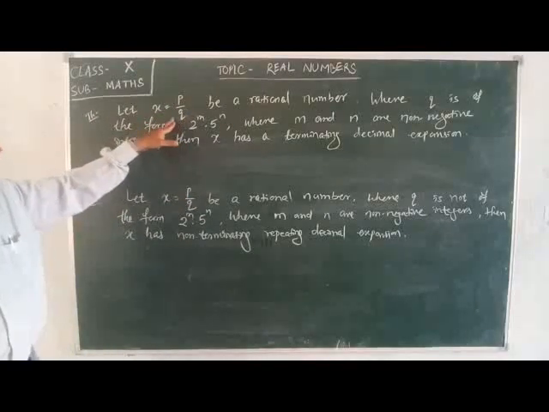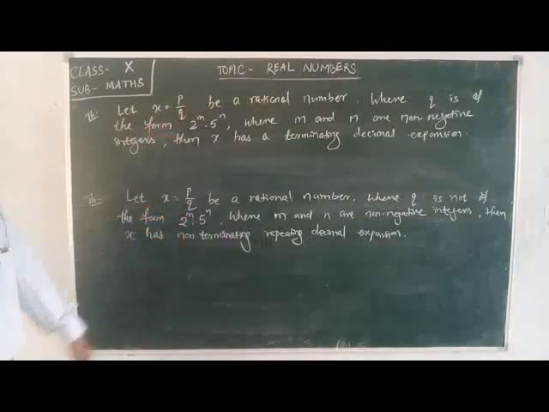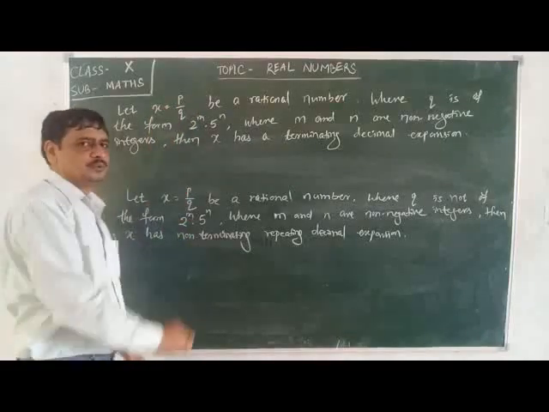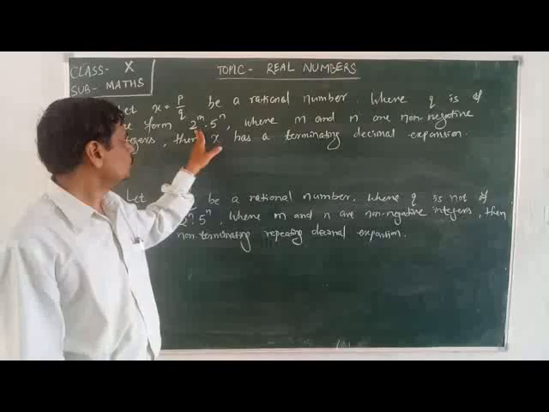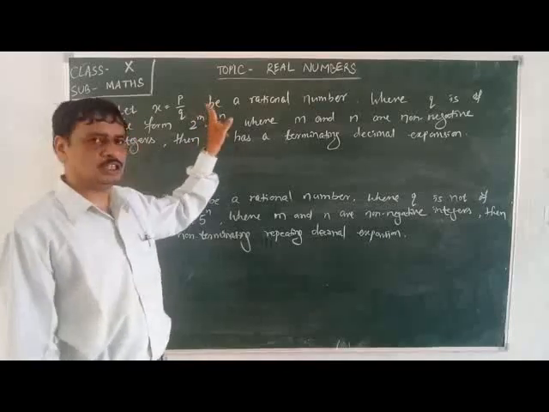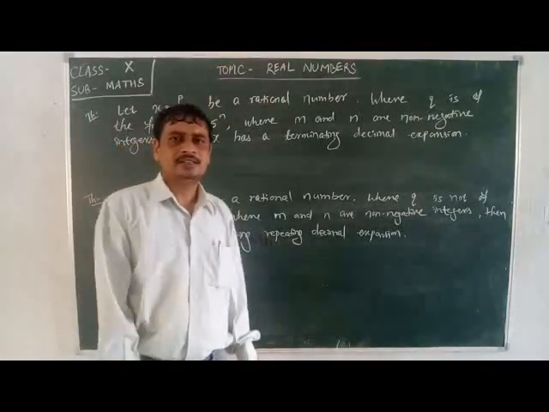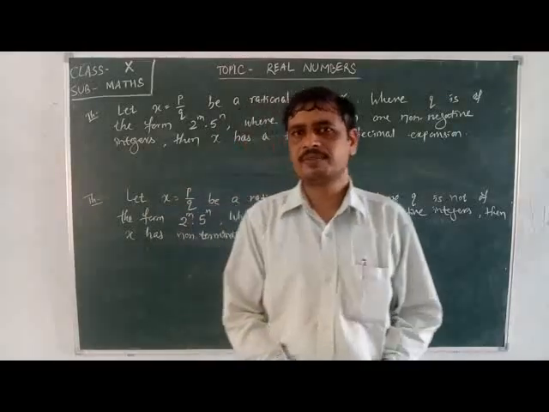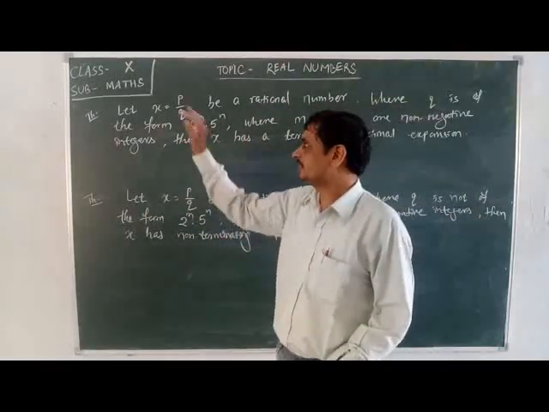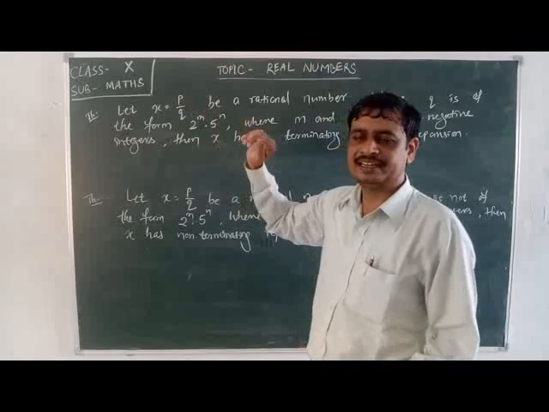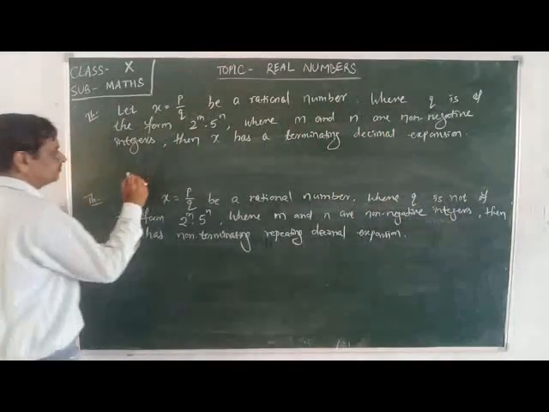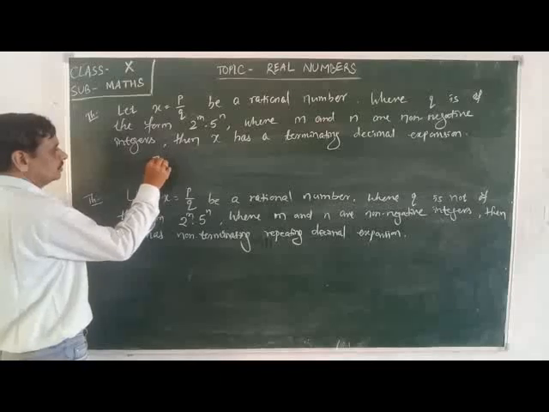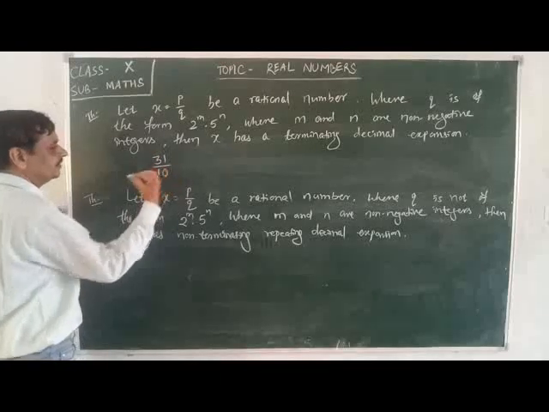We look at the value of q. If q is factorized and comes in the form of 2 to the power m into 5 to the power n, then the decimal part will terminate. This number gives a terminating decimal expansion, like 31 by 10.